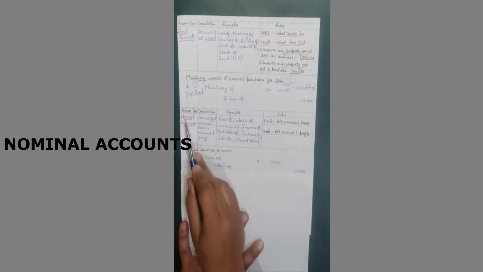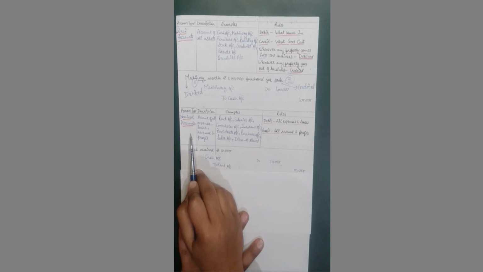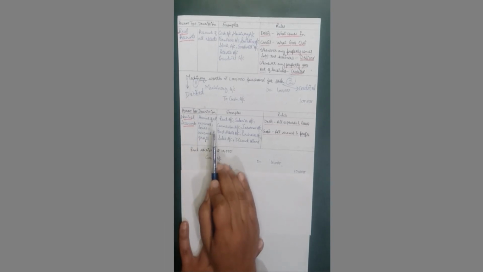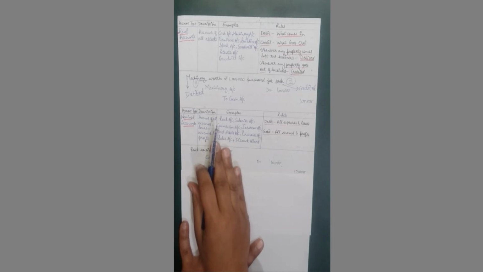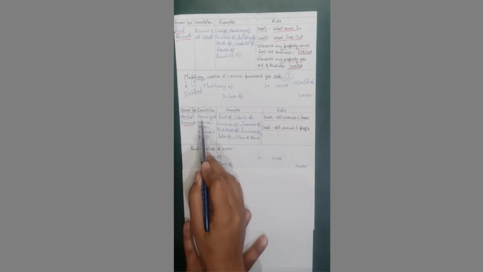So what are the nominal accounts? The nominal accounts are the accounts of all the expenses, losses, revenues and profits that are taking place in an organization, okay?